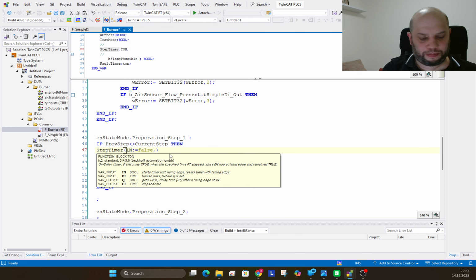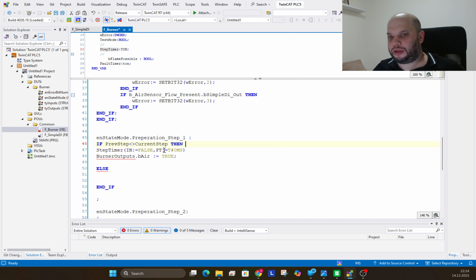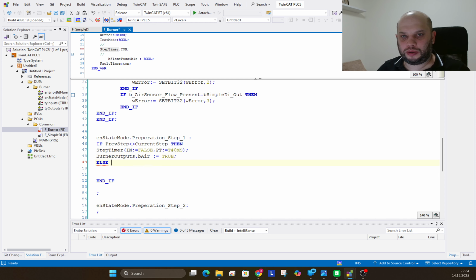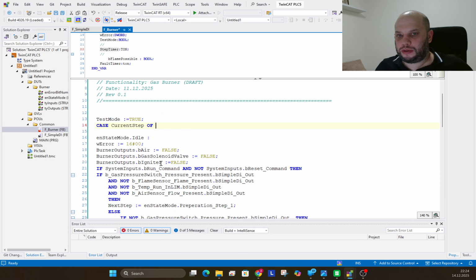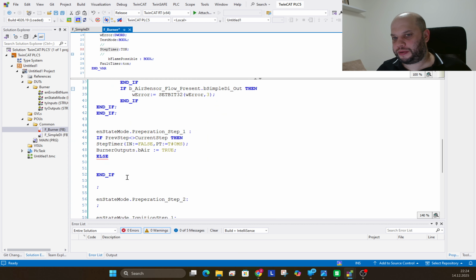I need 0 sharp. Okay, this is good. Want to keep the test mode always true, but yeah, here I will not use the step mode.